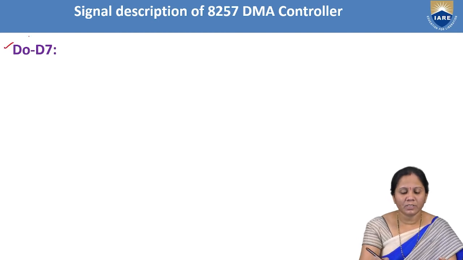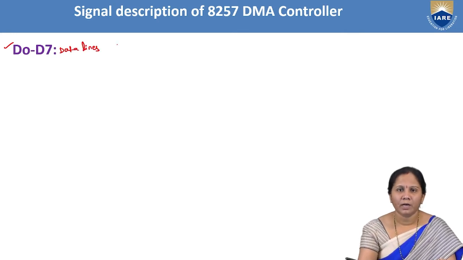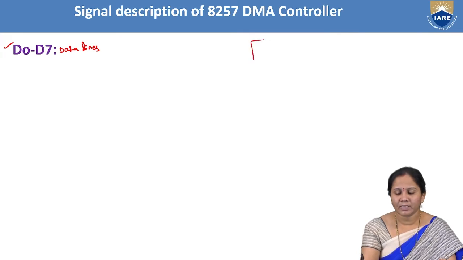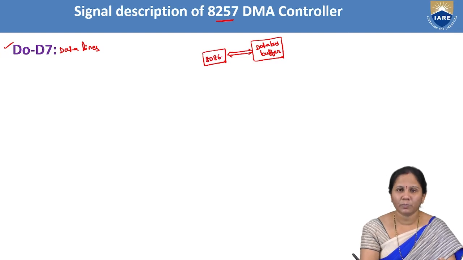And next we have D0 to D7, which are called data lines. Here we can see the data bus buffer in this 8257 DMA controller. Using this data bus buffer only, the DMA controller communicates with the 8086 microprocessor.